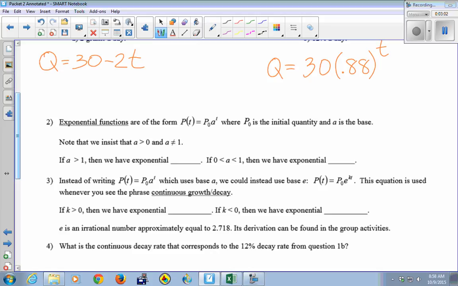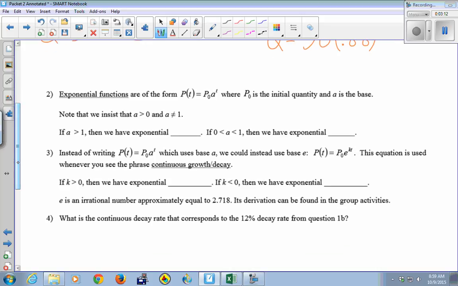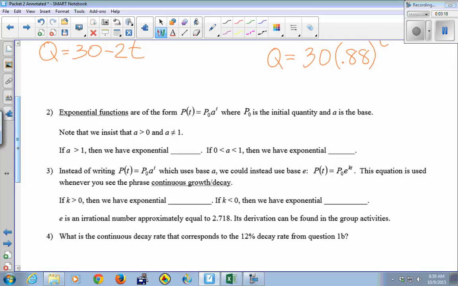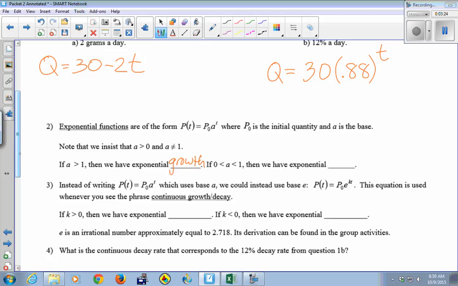So we have to say a has to be positive, and a can't be 1 because if a were 1, nothing would ever change, right? 1 to anything is still 1. Okay, so if a is bigger than 1, we have exponential growth. Or if a is between 0 and 1, like in our example with the air freshener, we have exponential decay.